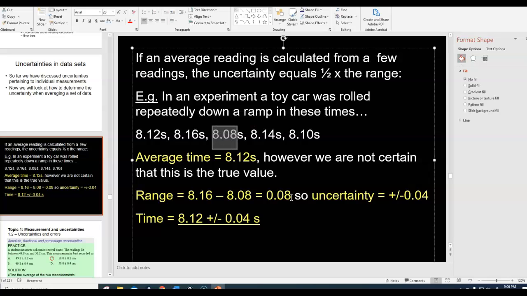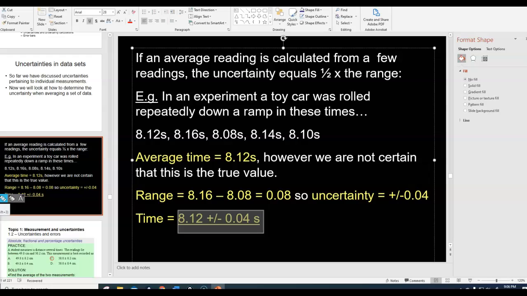The range is 0.08, and so half of the range is plus or minus 0.04. And so what I would write down for the average is 8.12 plus or minus 0.04 seconds.